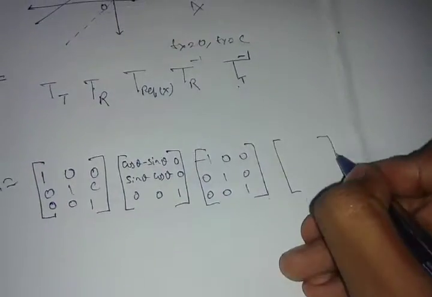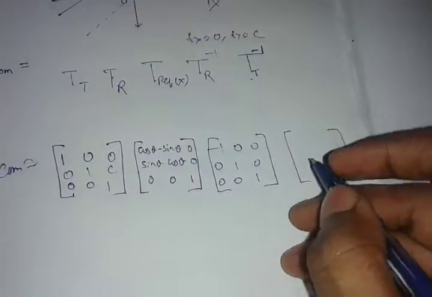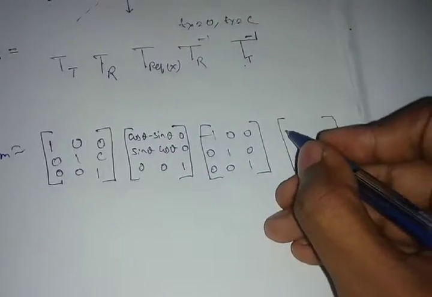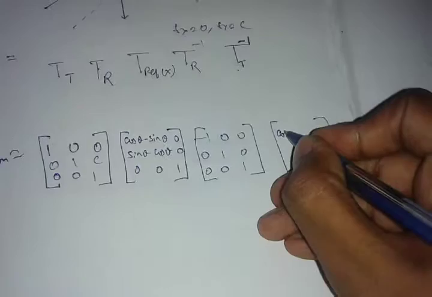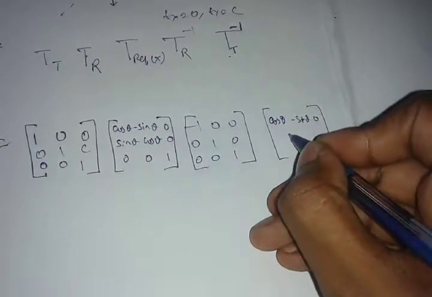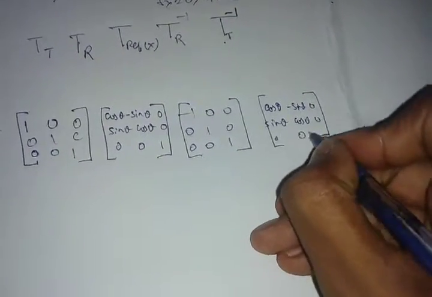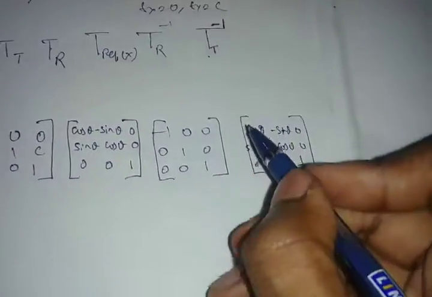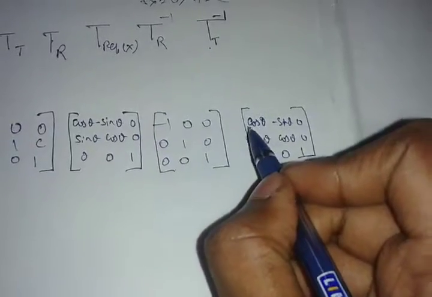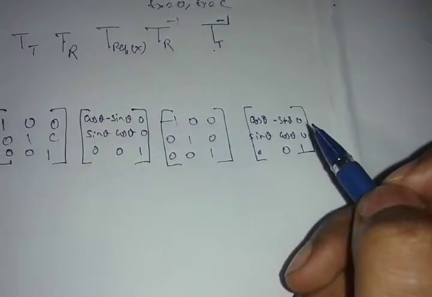And now rotation, which is inverse. So if you see the inverse, what you do is you just write the same formula, cos theta minus sin theta 0, sin theta cos theta 0, 0 0 1. What you do is you just put the minus in the cos positions, all positions except the 0 and 1.